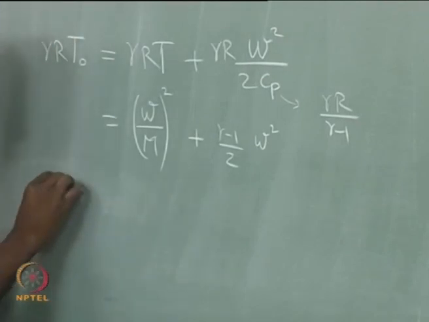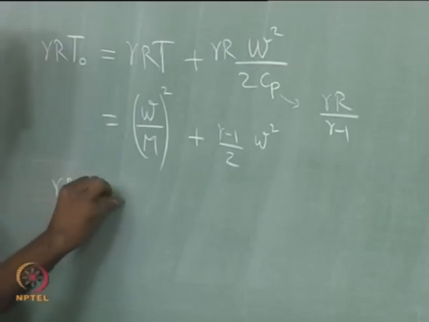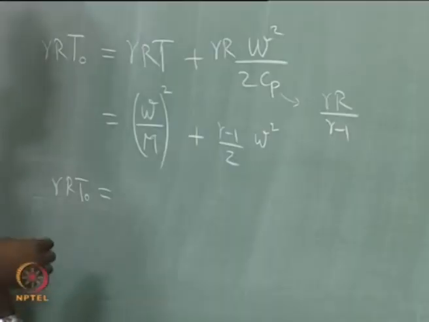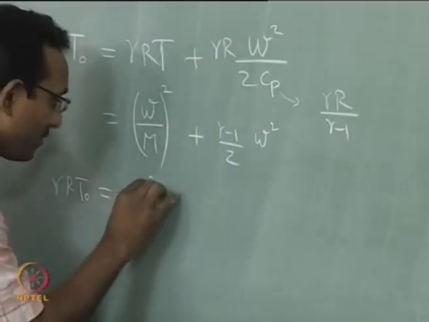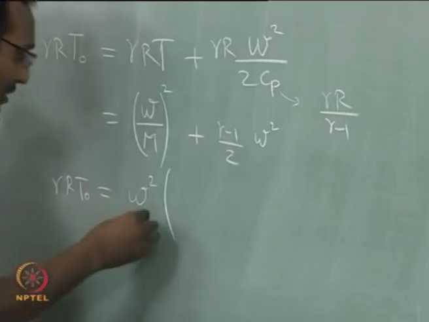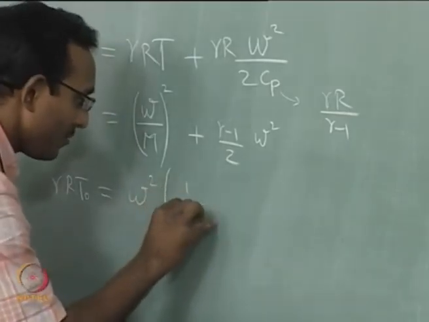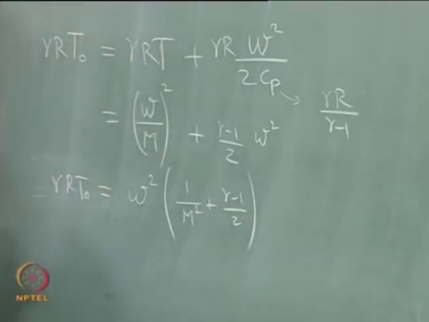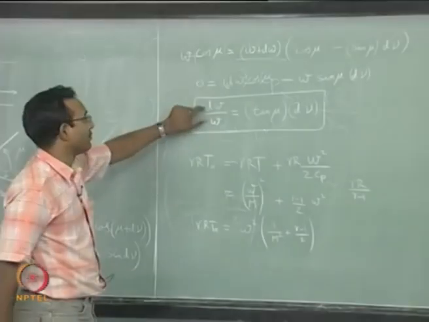Okay. Now I will go gamma r T naught. Now I have to group them in such a way that all the w's are out, 1 by m square plus gamma minus 1 by 2. I have this form here, I have to get here dw by w.